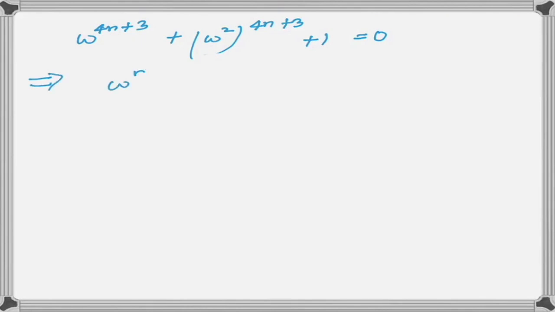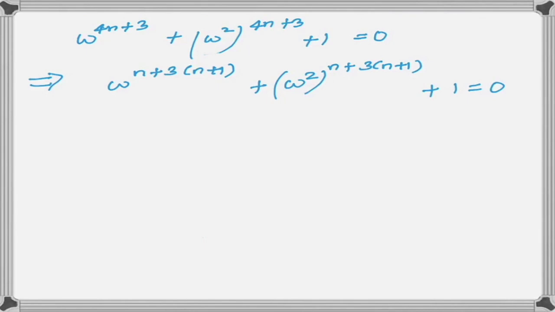Therefore, we get that omega to the power 4n plus 3 plus omega square to the power 4n plus 3 plus 1 is equal to 0. This implies that omega to the power n plus 3 times n plus 1 plus omega square to the power n plus 3 times n plus 1 plus 1 equals 0.